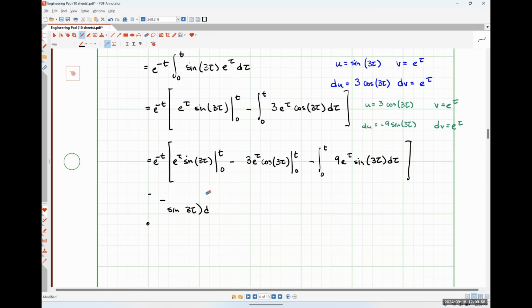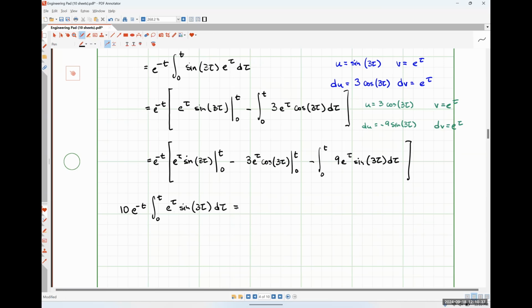Actually, sorry, I've left off my e to the negative t, so I'm just going to put it back in real quick. I apologize. So 10 e to the negative t integral from 0 to t of e to the tau sine 3 tau d tau will be equal to this e to the negative t times this bit right here minus e to the negative t times this bit right here, right?